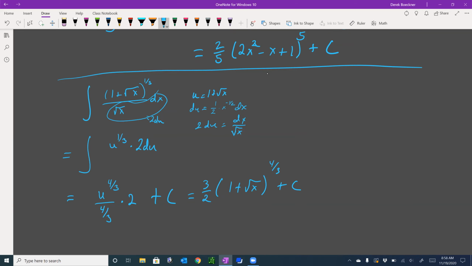Okay. Questions on that one? That one's a little trickier, and I didn't use multiple colors. So when you flip it up, 2 times 3/4 ends up being 3/2.